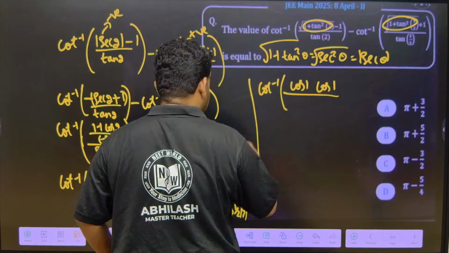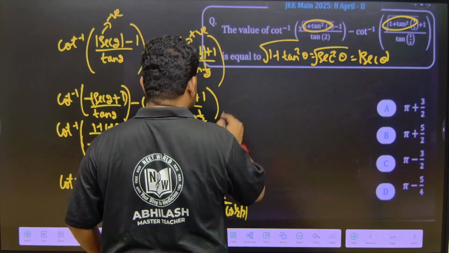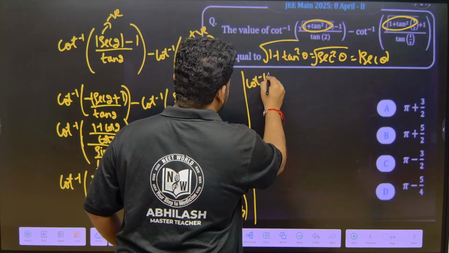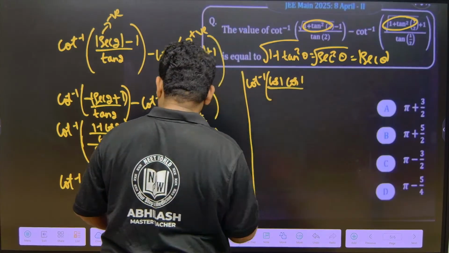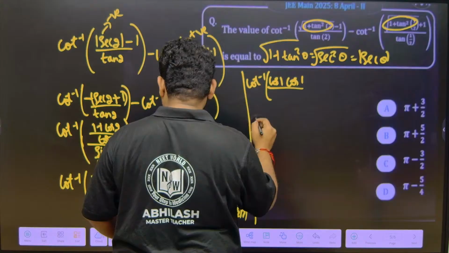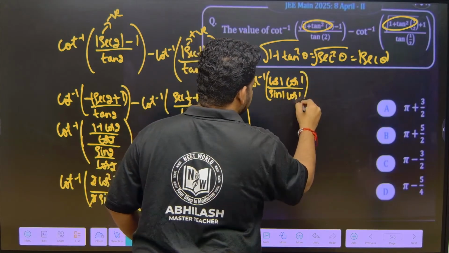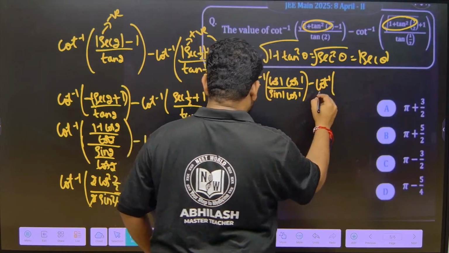Let me write it in a small way so that I can use the space judiciously. So this is cot inverse of cos 1 into cos 1 divided by sin 2 by 2, which becomes sin 1 into cos 1, minus cot inverse of cos square 1 by 4.